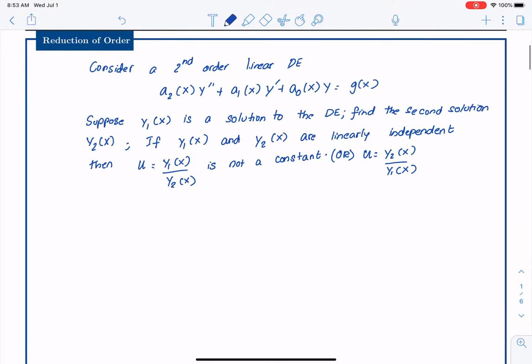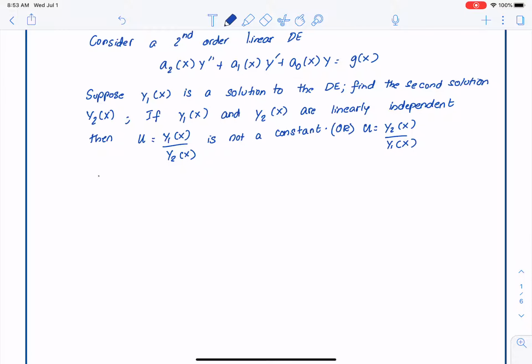That would also hold. So we're going to write it that way so that we can derive the relationship by reducing the order. So we have y2 is equal to y1 times u. I'm going to take the original DE and divide by a2 of x on both sides.